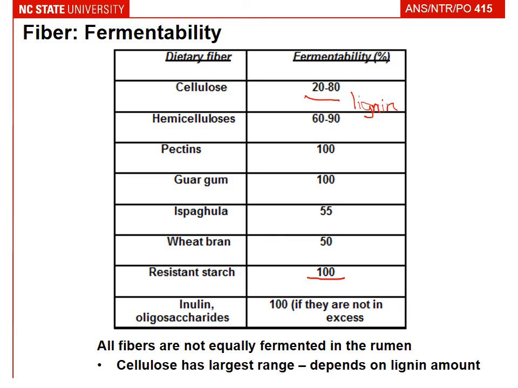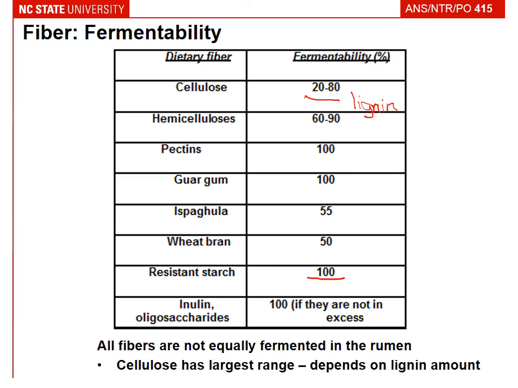Now, the type of fiber is going to change the ability for the microbes to ferment it. So we have a list of various dietary fibers. Here we have cellulose. You can see that fermentability of the cellulose ranges between 20 and 80%.